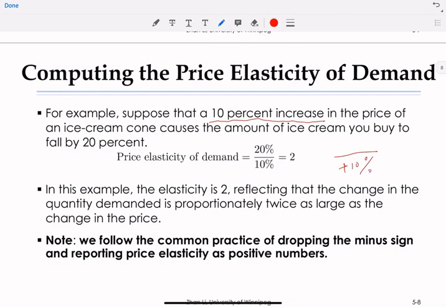And we have this fall by 20%, right? So we should use minus 20%. So this will give us a negative 2 here. However, as I said, in this textbook, in this lecture, in this class, we would follow the convention. We would drop the minus sign and we will just use a positive number.